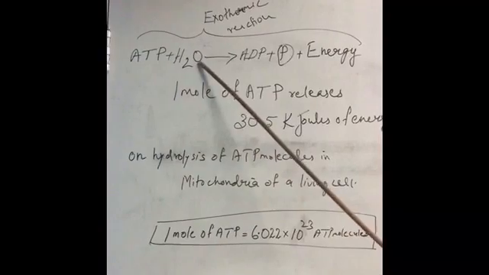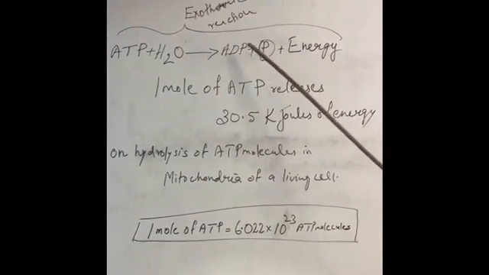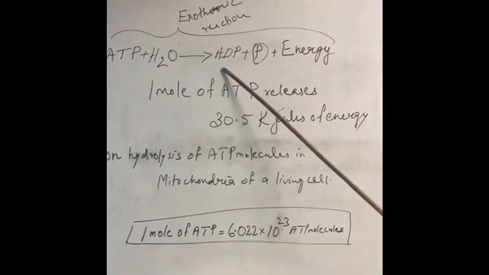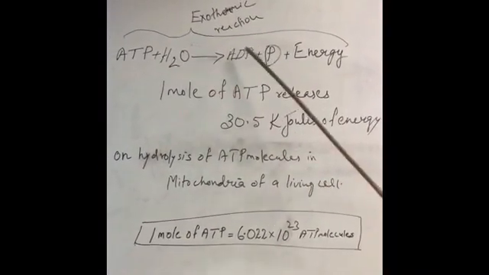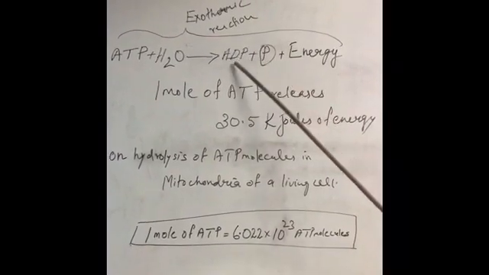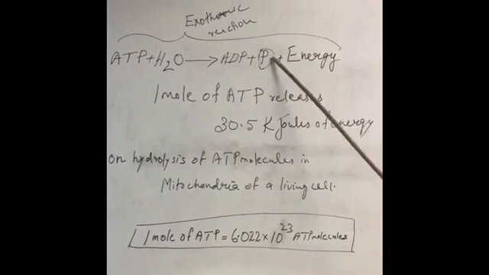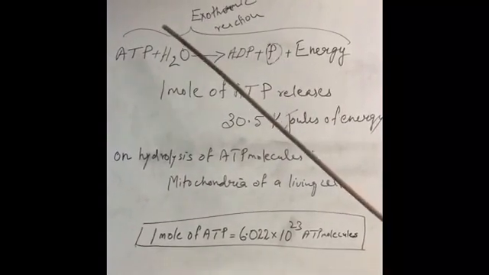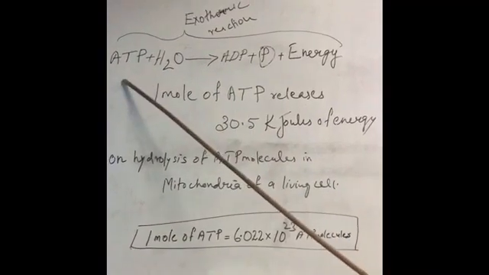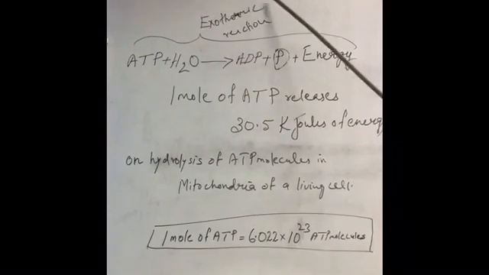ATP on hydrolysis breaks the terminal phosphate link, so that ADP and the terminal phosphate are separated. This process releases energy, that is why this is an exothermic reaction.